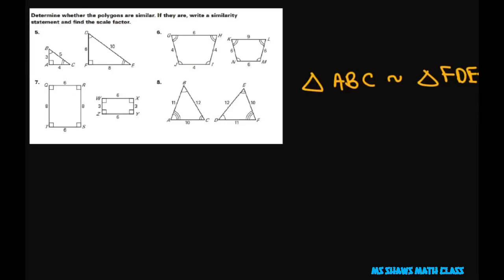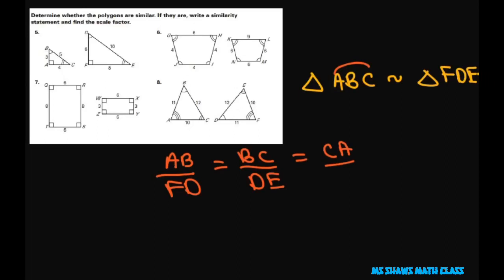So let's test for the proportions. We're going to do AB divided by FD, then BC, sorry, BC to DE, and then CA and EF.